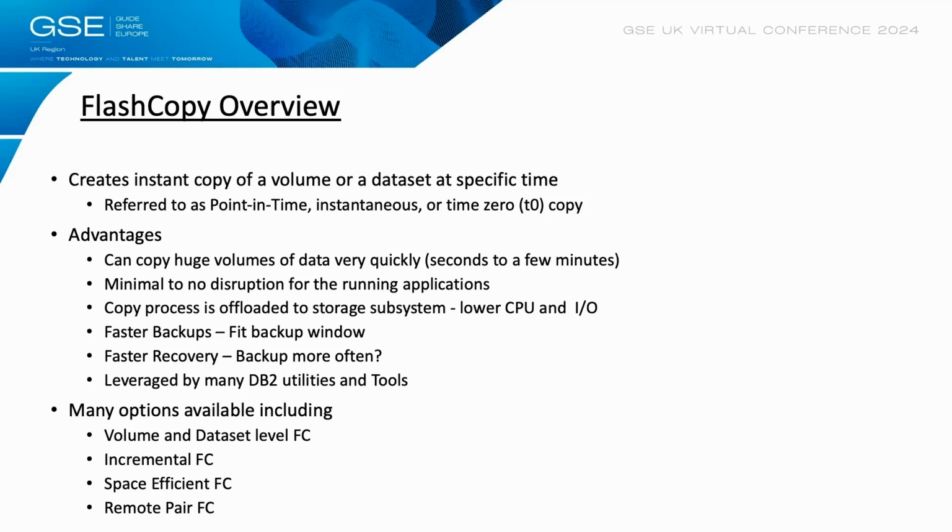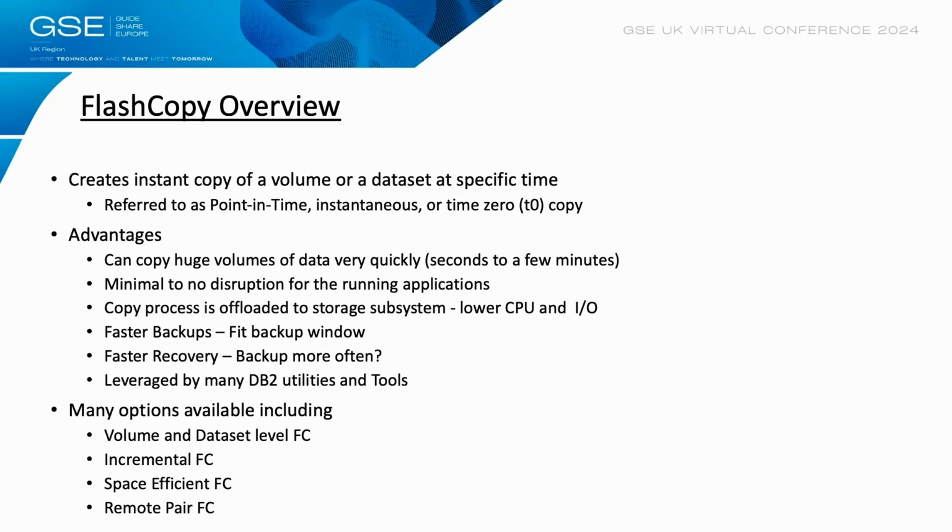Instantaneous is another one. So what it means is you can copy huge amounts of data at the data set level. It's running on the storage subsystem, so lower CPU, lower I/O, faster backups, faster recovery, and Db2 utilities and vendor tools make use of it.